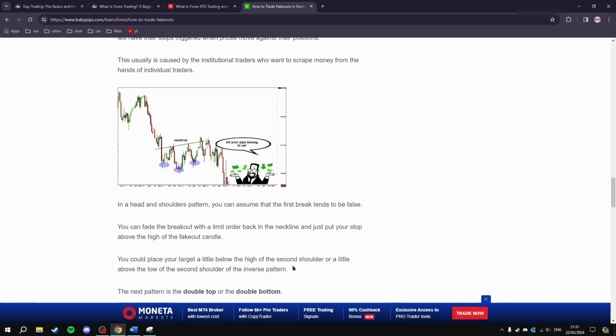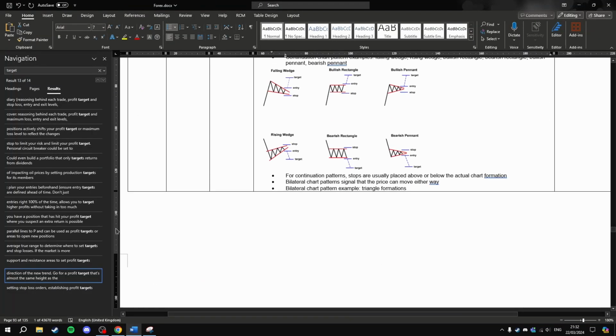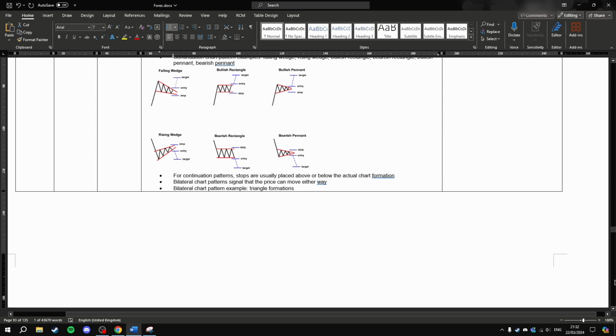I don't really understand what it's trying to say here. Below the high of the second shoulder, so somewhere around here, or a little above the low of the second shoulder of the inverse pattern. I have no idea what this is trying to say, to be honest.